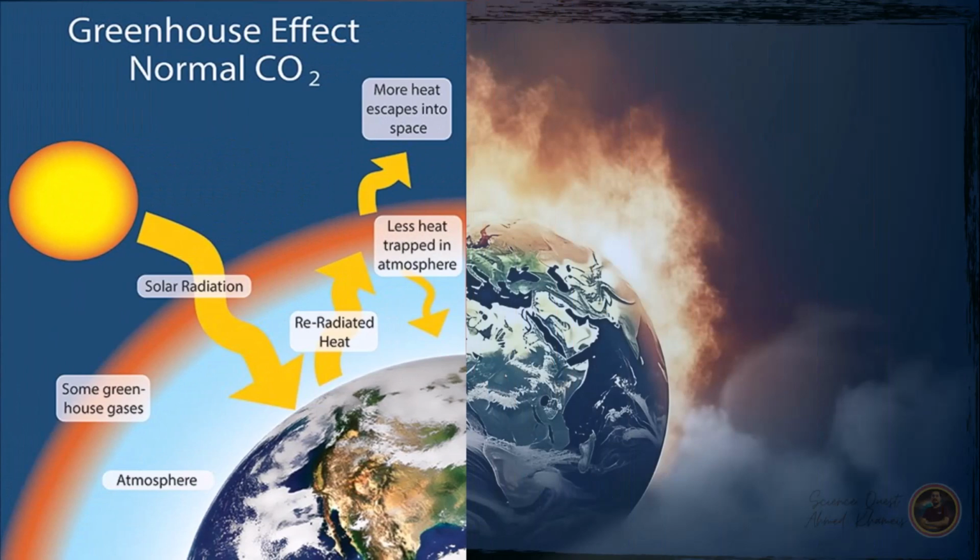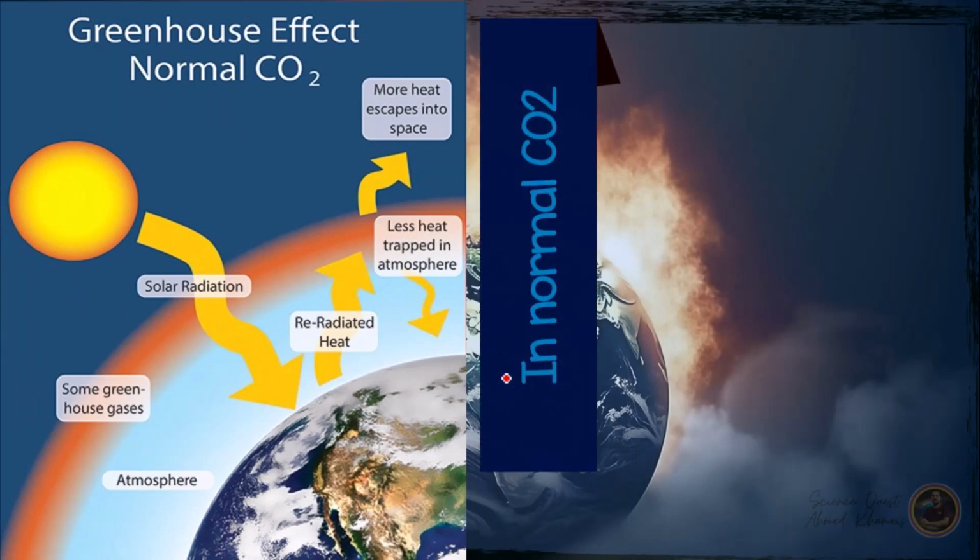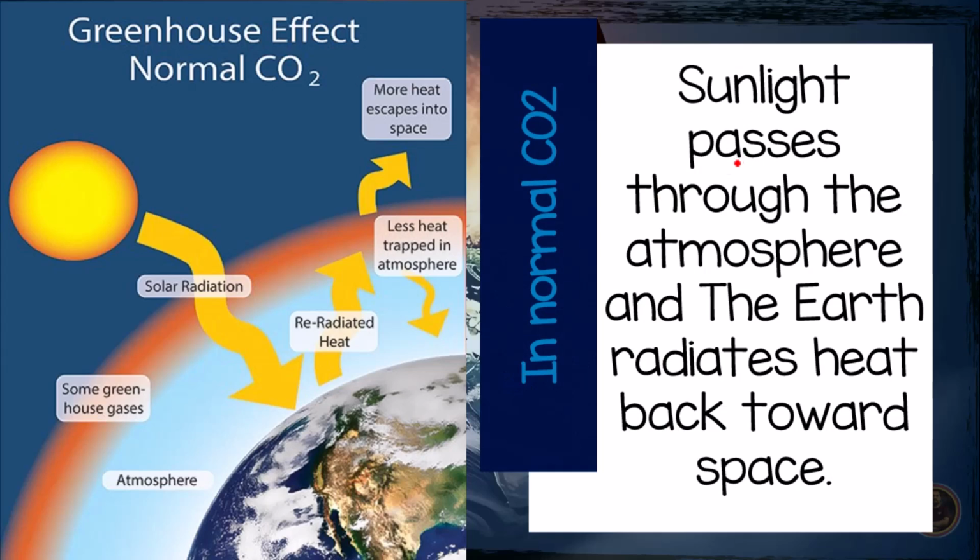So in normal greenhouse gas concentration, the sunlight passes through the atmosphere and the Earth radiates the heat back to space. Most of the sunlight, or the reflected rays from Earth, escape to space.